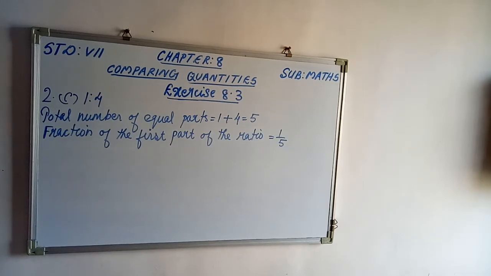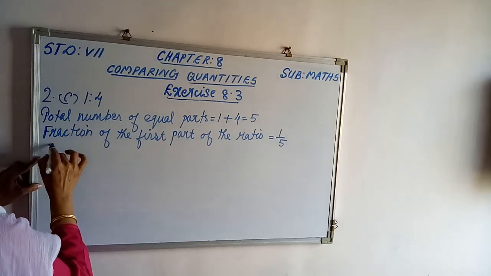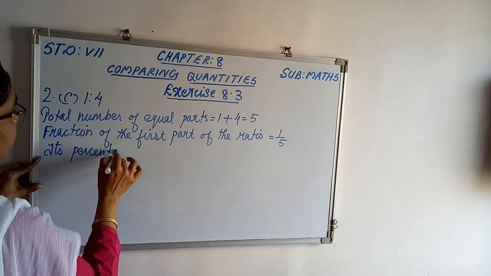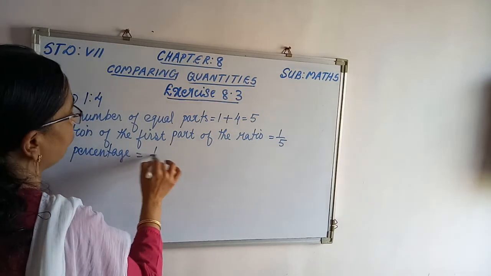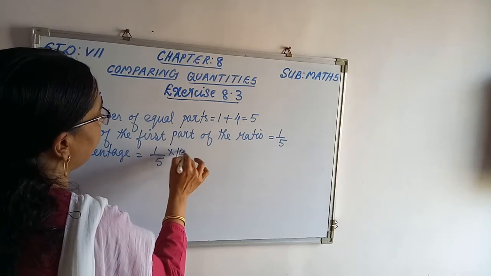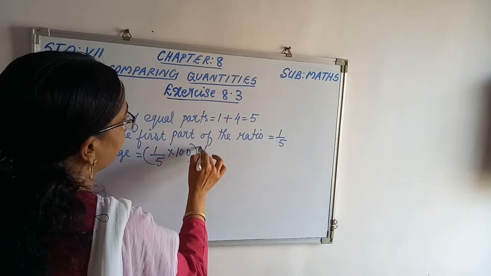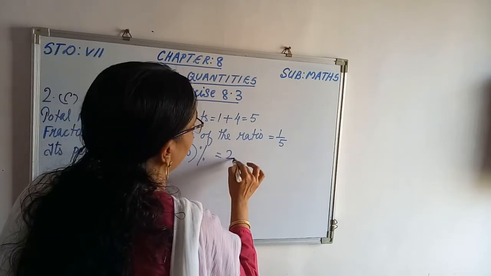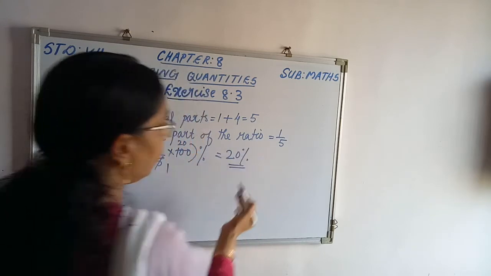Next you will write its percentage, that is 1 upon 5 multiplied by 100%. 5 ones are 5, 20s are 100. You will get 20%. Okay.